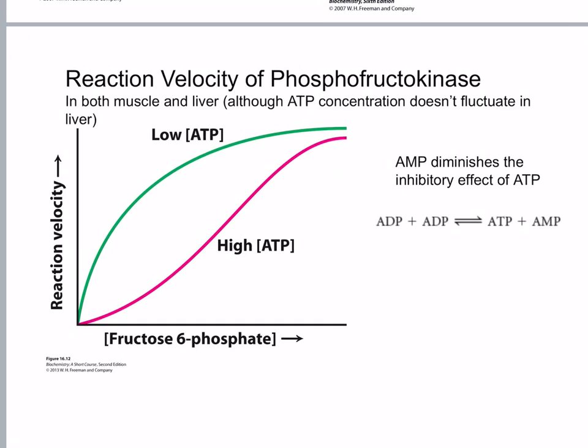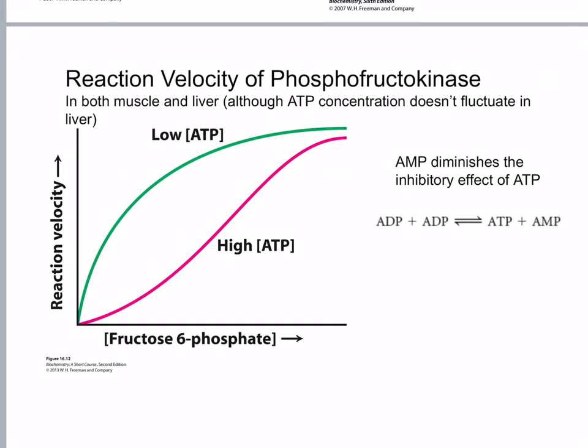So ATP here is binding to the regulatory site. At low ATP, there's no inhibition, so we have the green line, which is higher velocity at any fructose 6-phosphate concentration. As ATP concentration increases, it will bind to the regulatory site and shift the velocity to be lower at any fructose 6-phosphate concentration, so we have the sigmoidal line.